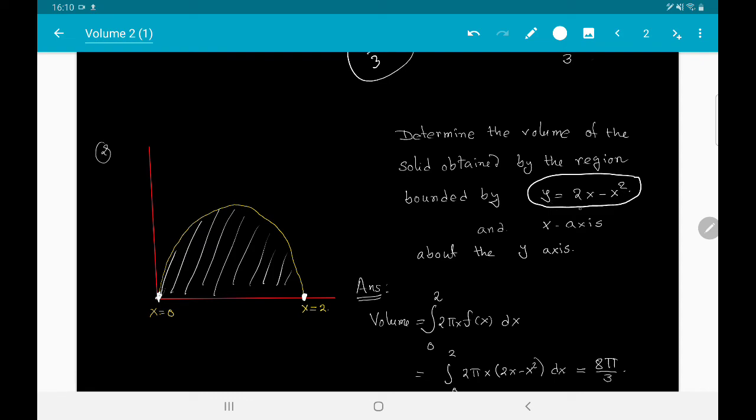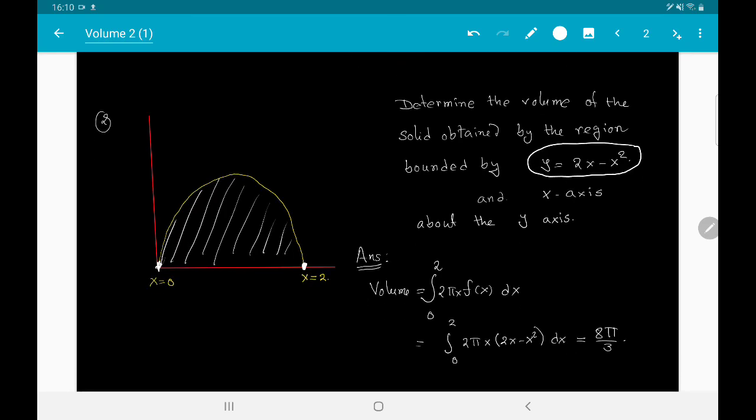You can see that if you put y equal to 0 in this equation, you are going to get x equal to 0 or x equal to 2. So that means that the points on the x-axis are given by (2, 0), so y equal to 0, x equal to 2, and (0, 0), the origin, y equal to 0 and x equal to 0.